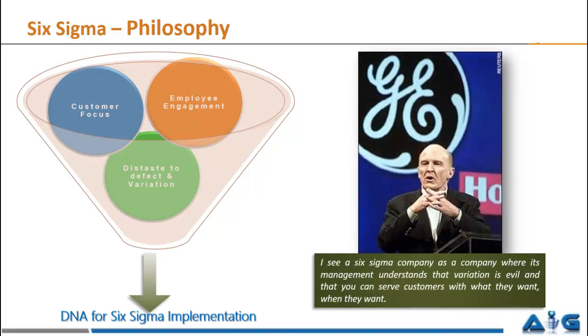The iconic GE chairman, Jack Welch, when asked what is a Six Sigma company, said, and I quote, "I see a Six Sigma company as a company where its management understands that variation is evil and that you can serve customer with what they want when they want."